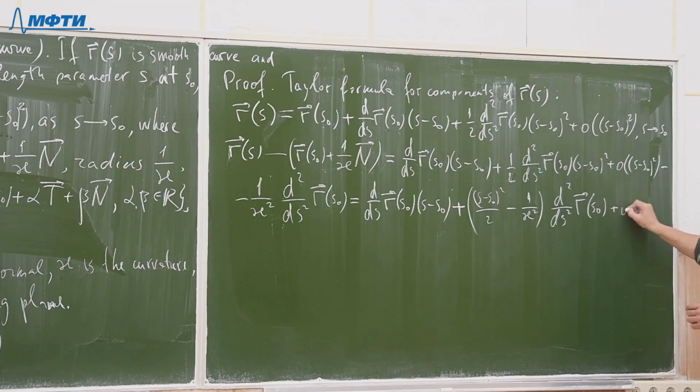Yeah, plus little o of S minus S naught squared. Yeah, that's it.